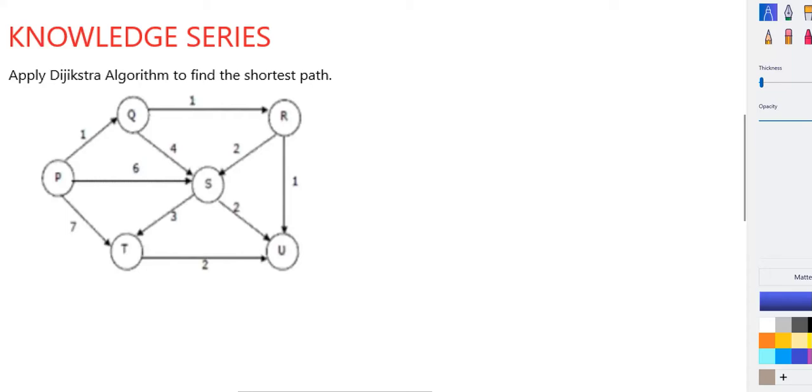So based on this, we can be confident to say that P is the starting point, and the nodes where all the arrows are coming towards that node are termed the endpoint or the destination.